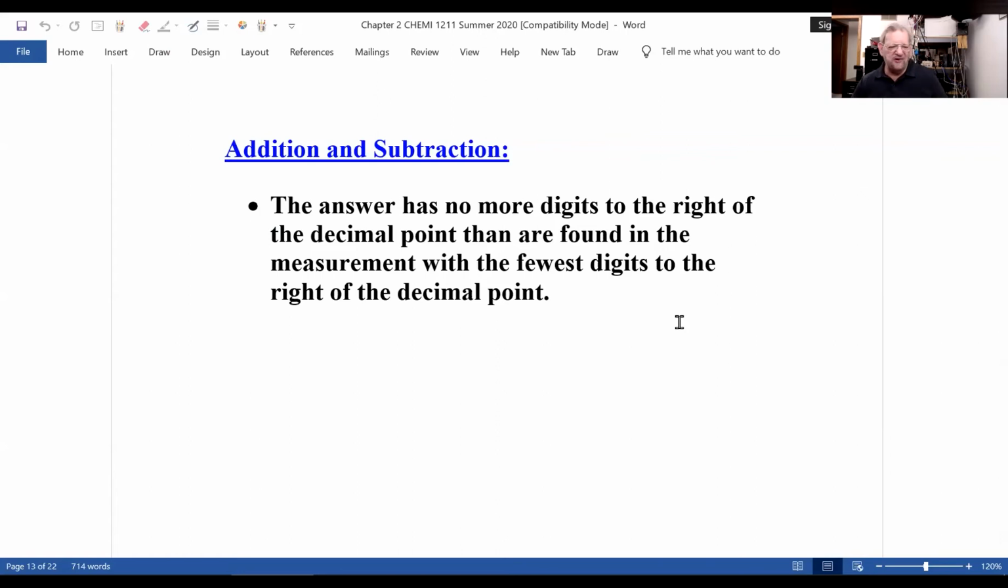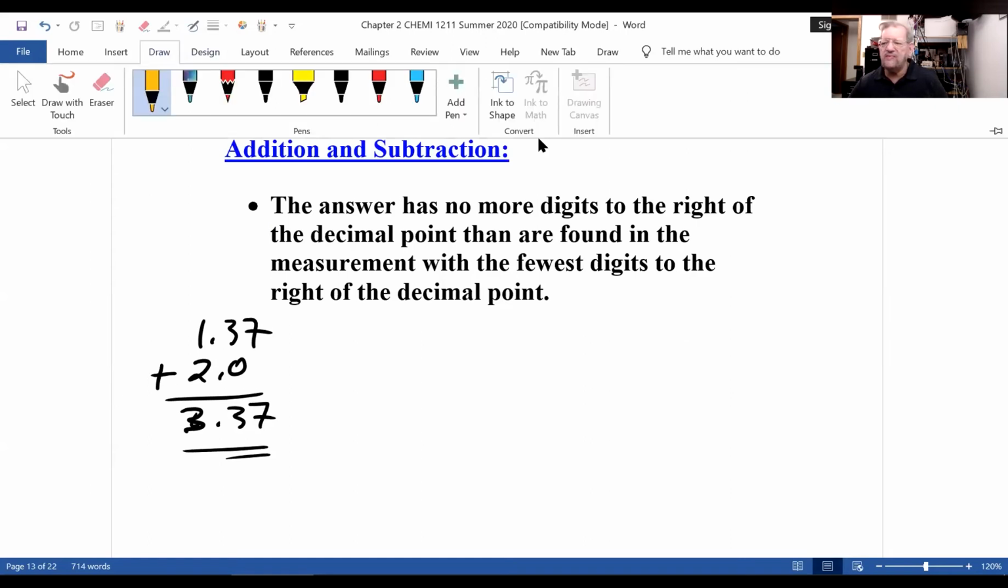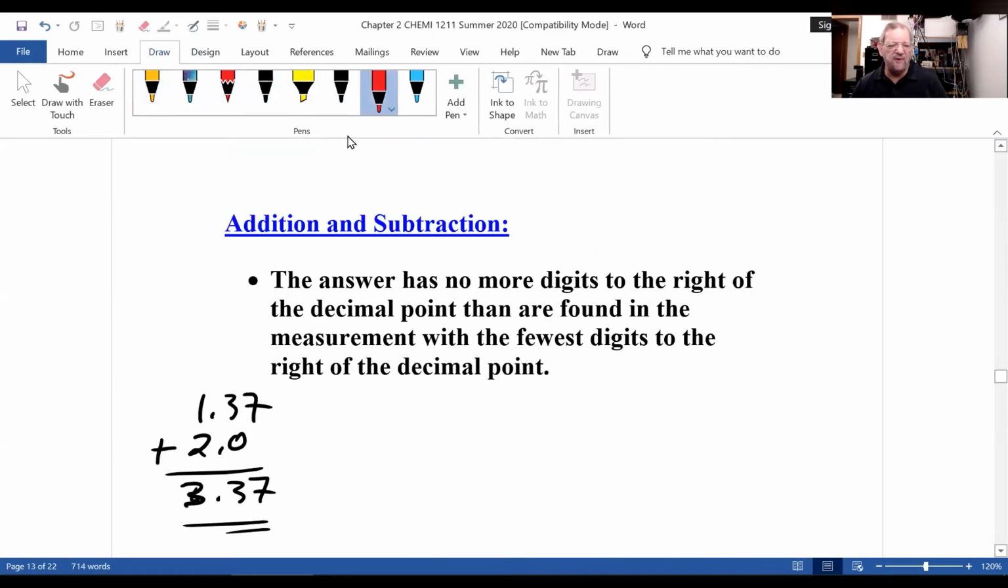And this one I don't need a spreadsheet for. Let's look at this. If I add these up, what would my answer be? Well, if I did it on a calculator, I would get this, which is not correct. Why? Because you look at the number of significant figures past the decimal point.